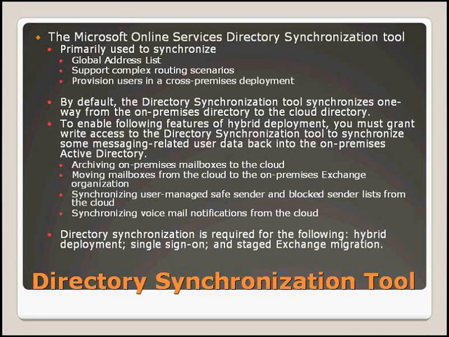You want to archive your on-premises mailbox to the cloud, you want to move the mailbox from the cloud to on-premises, you want to synchronize the user-managed safe sender and blocked sender list from the cloud, and you want to synchronize the voicemail notification from the cloud. If you don't have these requirements, you don't need that permission. But if you have these, you want to make sure that it is there.